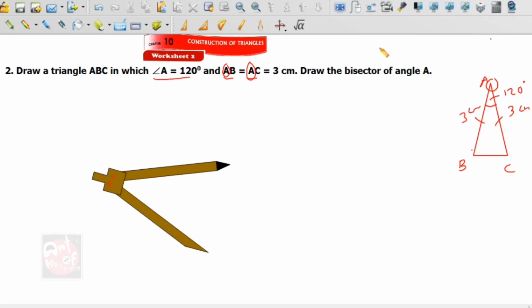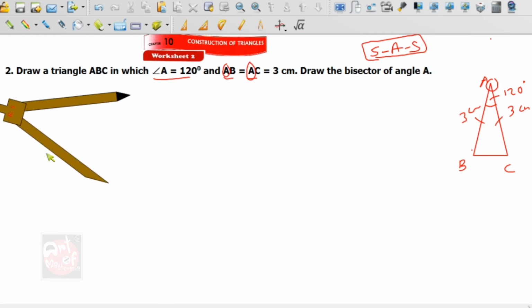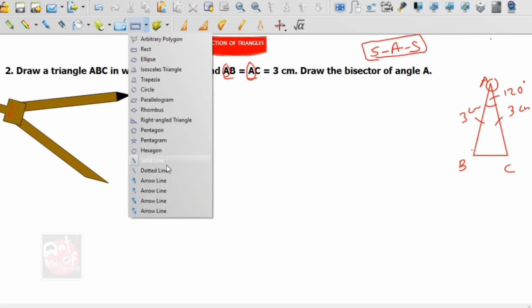So by which congruent property can we construct this? SAS, because A is the included angle given and two sides and one included angle. So there I am going to show you how to directly do it, because for 120 degree there is no need to do the copied angle.